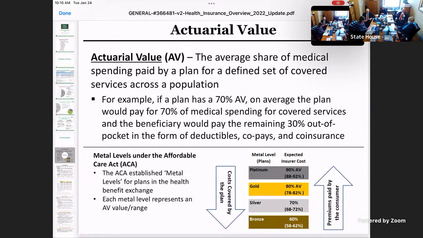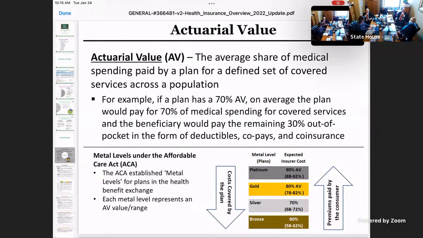But the higher the actuarial value, the lower the beneficiary's potential burden, financial exposure. So the higher the actuarial value, the lower the exposure, but usually the more expensive the premium. So you're paying for higher actuarial value because you think you'll have less out of pocket.